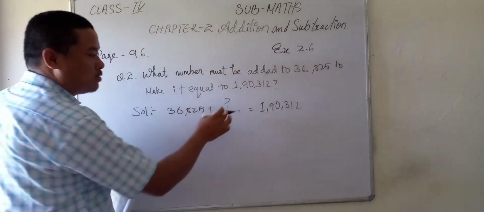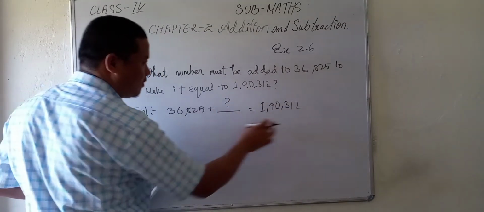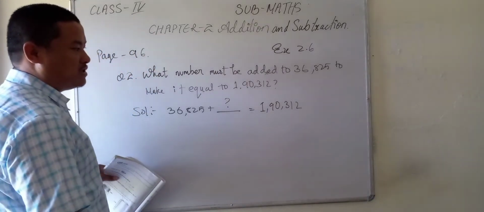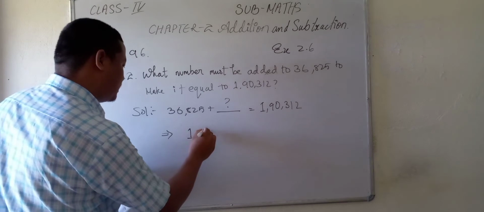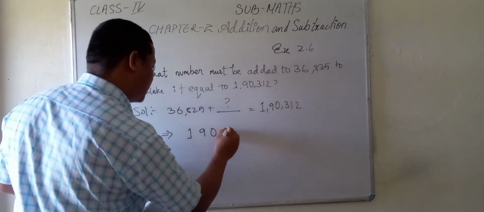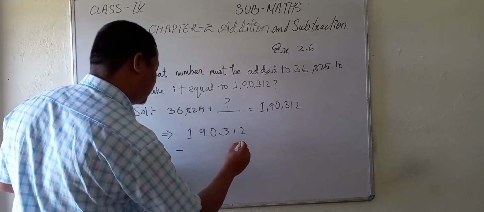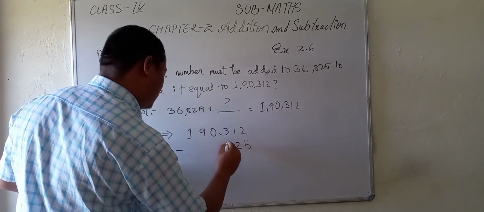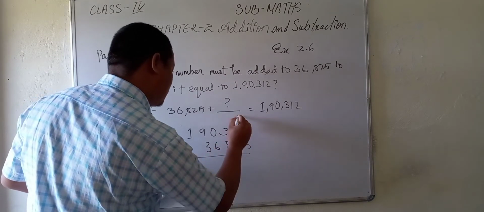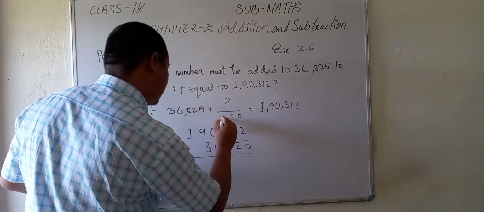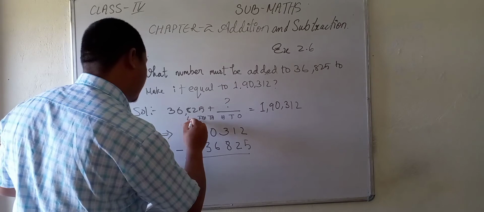Now, to get the number, we'll subtract 36,825 from this number, 1,90,312. So 1,90,312 minus 36,825. Ones, tens, 100, 1,000, 10,000, lakhs.